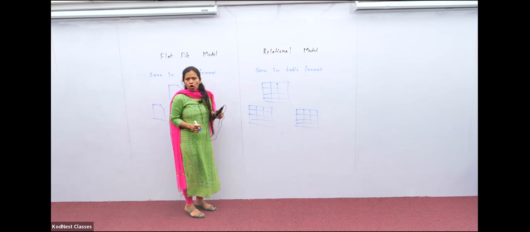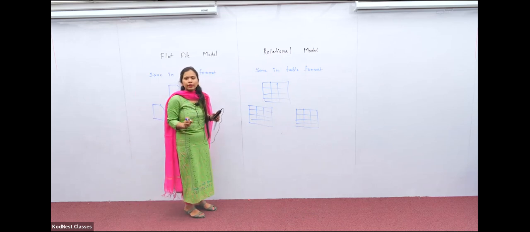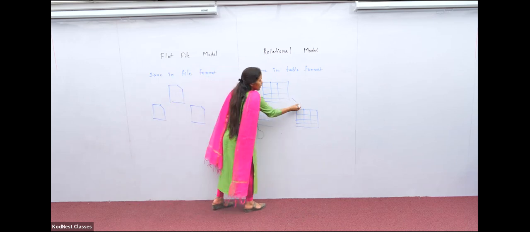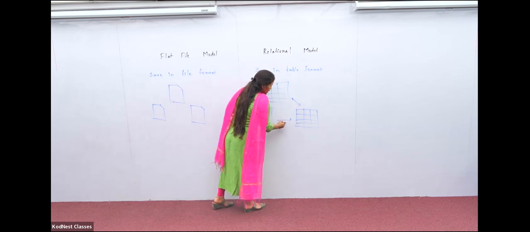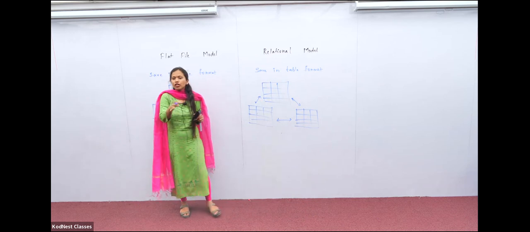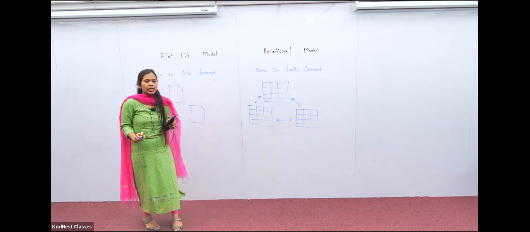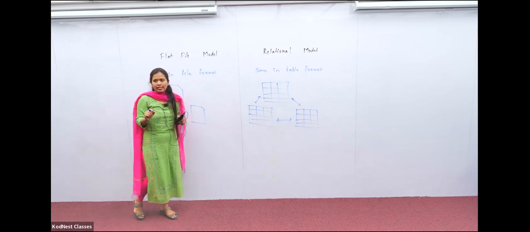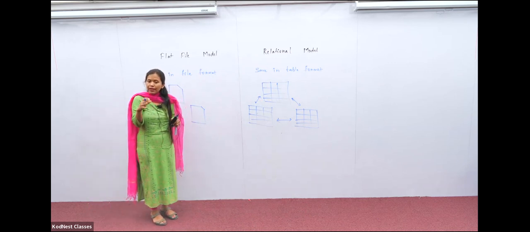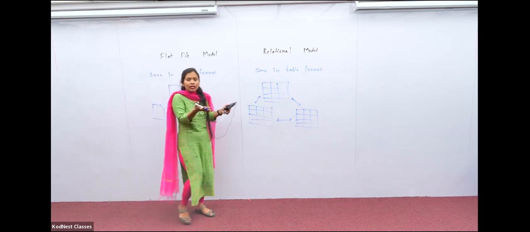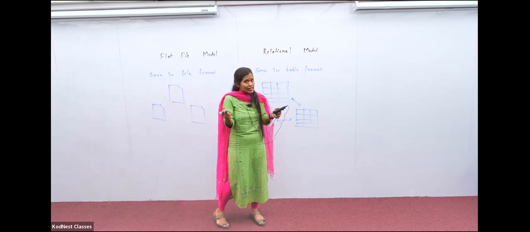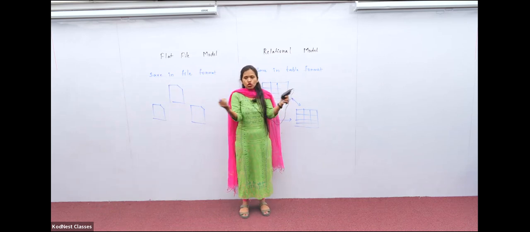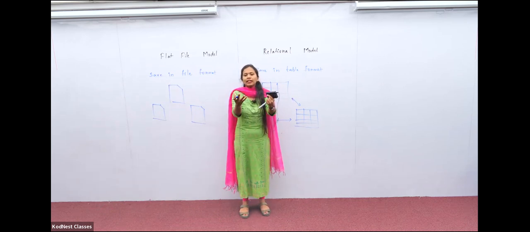And one important thing you have to understand, dear students, is that in the relational model we can have a relationship between the tables. But coming to the flat file model, they are saved as separate files. You cannot relate one file to another file. When I say relate, I mean you cannot combine two files or perform a join of two files and display the data together.